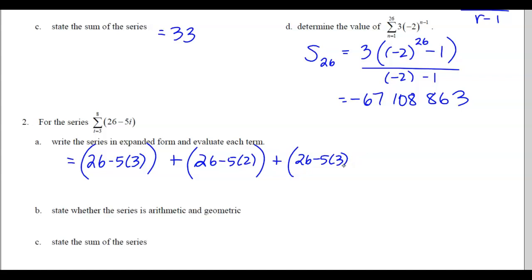I is 3 to start, 4 is the next one, 5 is the next one, and I went backwards. 6 is the next one. We have to go to 8. 7, 8.